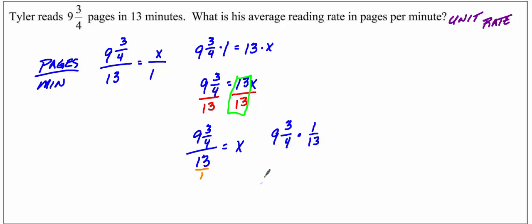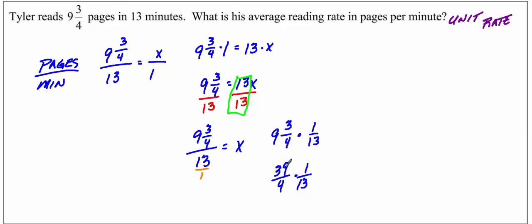Equals 1/13. Change this to an improper fraction. So 9 times 4 is 36, 36 plus 3 is 39 fourths times 1/13. Left off the 1 there.